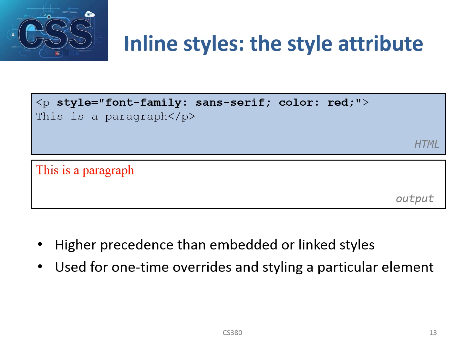It takes an attribute called style, which is equal to, in double quotes, the property value pairs: font-family sans-serif, color red. So two properties are there, font-family and color, and the values are sans-serif and red. The text here is: This is a paragraph, and the paragraph tag is closed. So this paragraph should appear in sans-serif font and in red color.